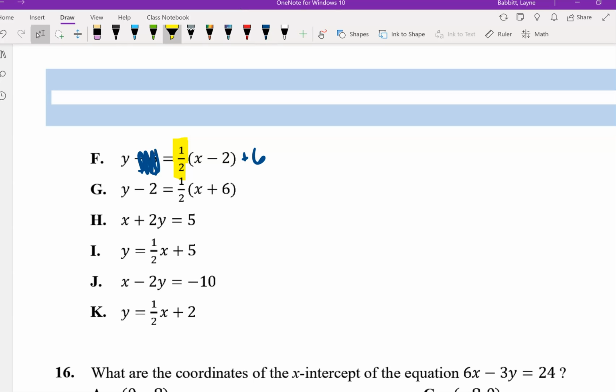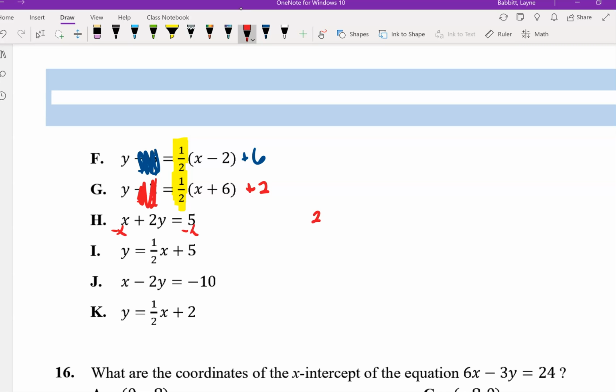I'm going to do the same thing with the other one. I'm going to move the 2. So this one also has a slope of 1/2, so that's good. And then, like I said, in a minute we'll check and see if it also contains the point negative 6, 2. All right, next one. This is not in y equals mx plus b, so I'm going to move it around a little bit, get it into y equals mx plus b. I'm going to first subtract the x.